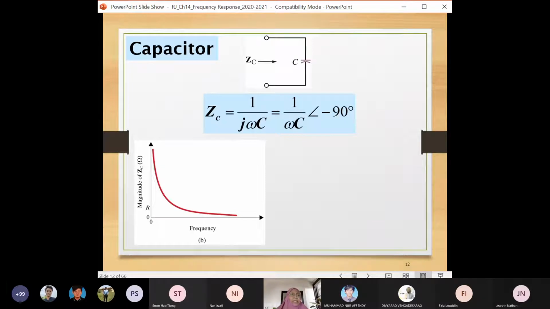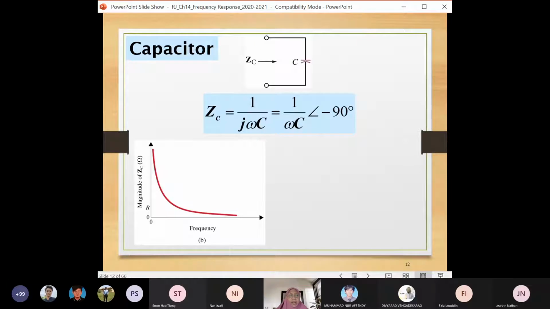But when you increase the frequency, the impedance will drop, because with an alternating signal you keep changing the polarity of the source, from positive to negative to positive, and the faster you change it, the higher the frequency.